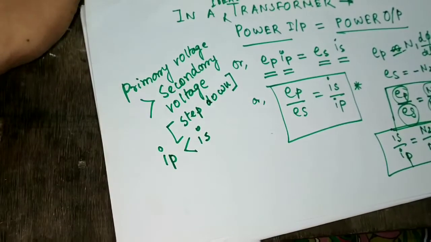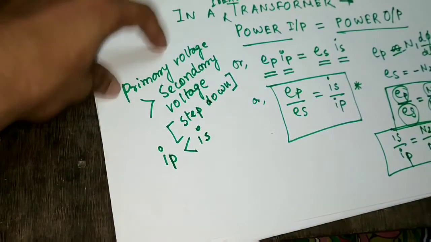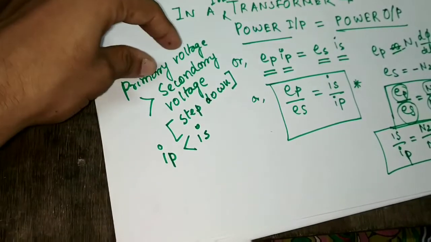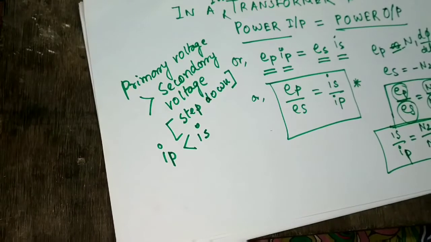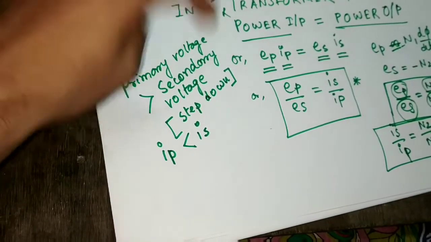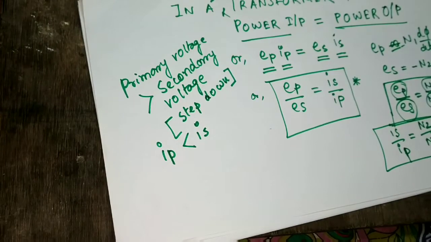As the power will remain constant, the product of the primary voltage and the primary current is equal to the secondary voltage times the secondary current. So in a step down transformer, the primary current will be less than the secondary current.